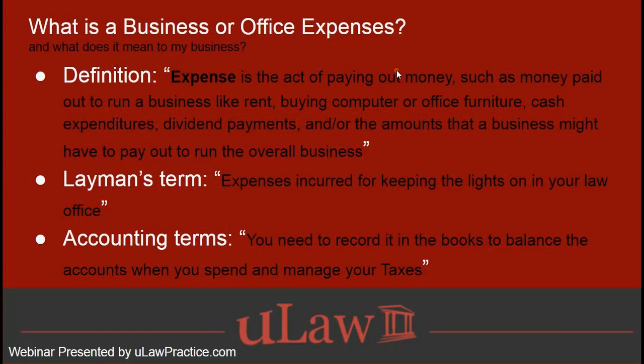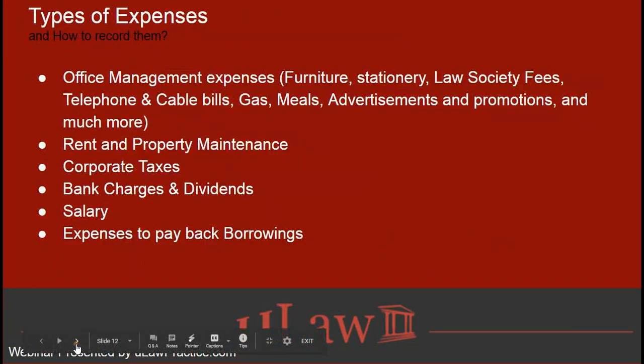Now we move along to the other major category of expense that your firm would have, which is around office expenses. So we've definitely discussed this. In layman's terms, these are expenses incurred for keeping the lights on in your legal office. We discussed this earlier as well, but just for purposes of time, let me skim through this real quick.